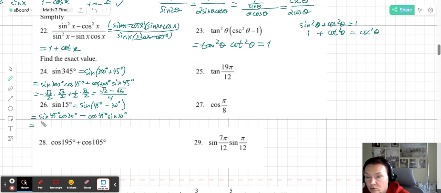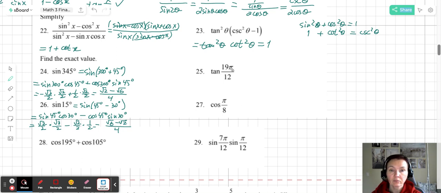And that is going to give us square root of 2 over 2 times square root of 3 over 2 minus root 2 over 2 times 1/2, very similar to what we had in the beginning. We have root 6 minus root 2 over 4.